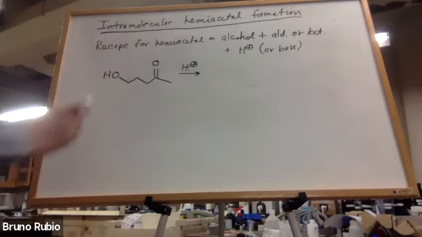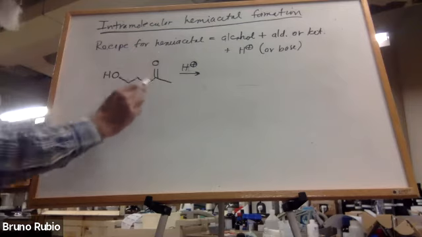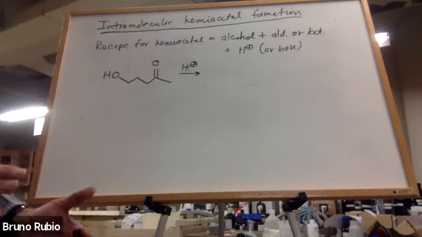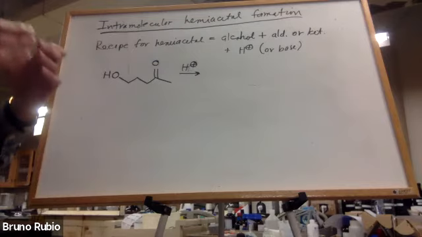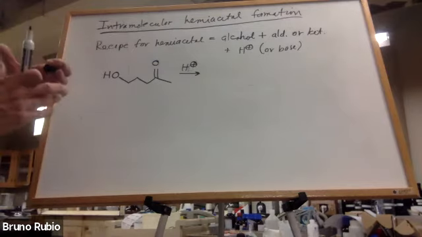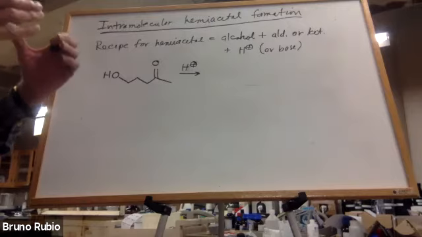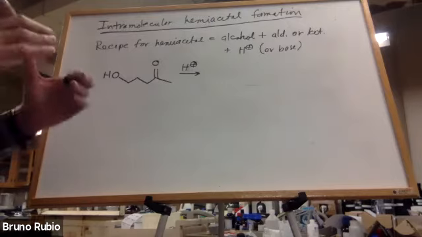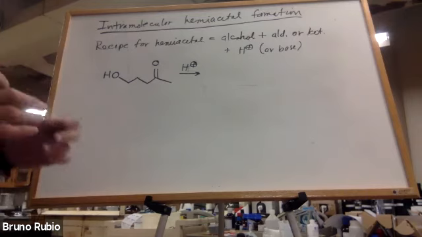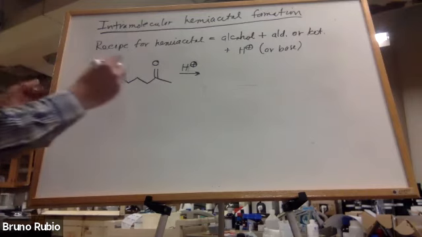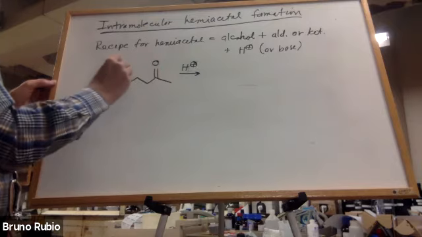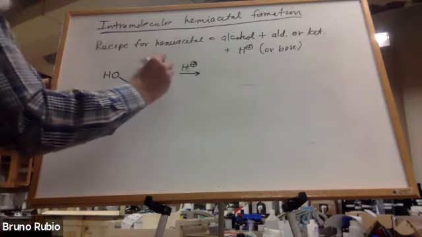All we need is an alcohol, there it is, and we need an aldehyde or ketone, there it is, but now they are on the same molecule. We're going to get a hemiacetal, but as the result of an intramolecular reaction. This is normally really only possible if a 5-membered ring or a 6-membered ring can form. Okay, so let's look at the mechanism.